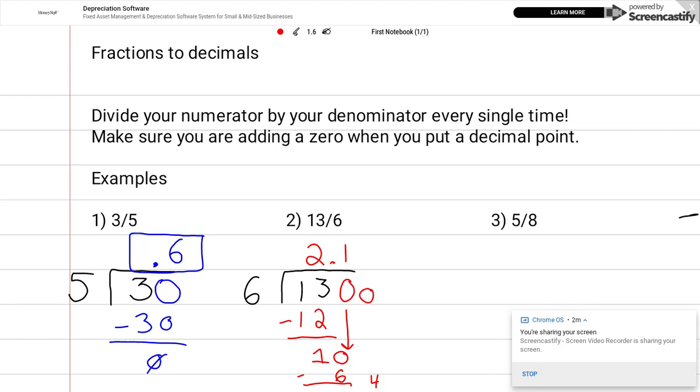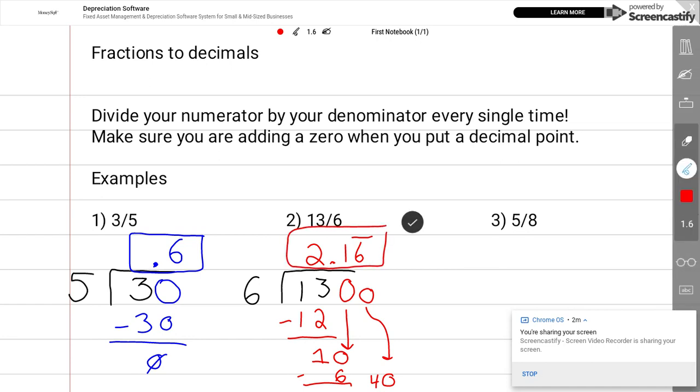So again, going to bring down that 0. 6 can go into 40 6 times, and I get an answer of 36. But when I subtract 40 and 36, I'm going to get 4 again. So this decimal is just going to go on and on. So you can say that this decimal is 2.16 repeating, and we use bar notation to indicate that something is repeating. So that's going to be my final answer there.